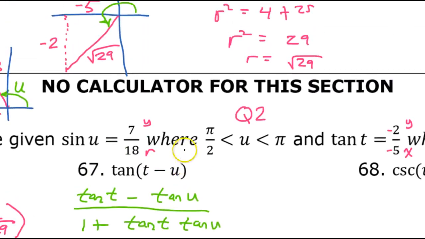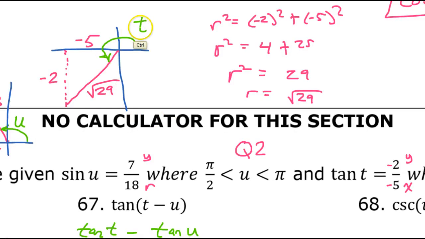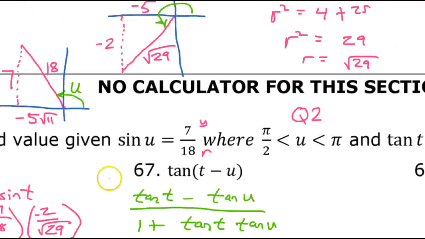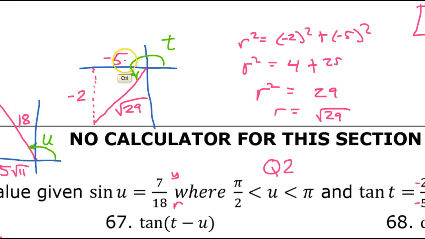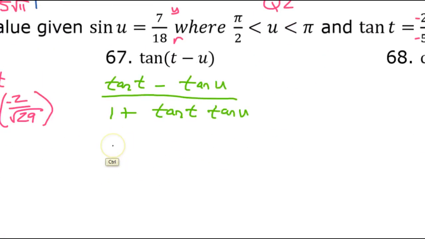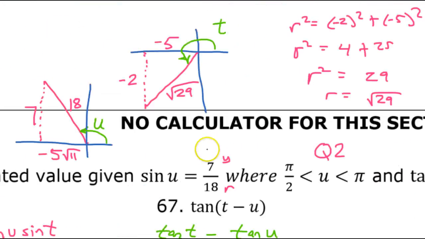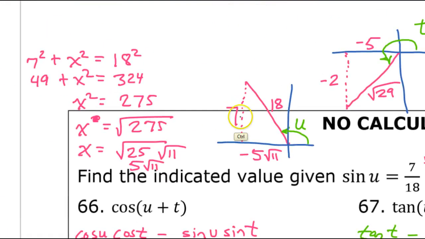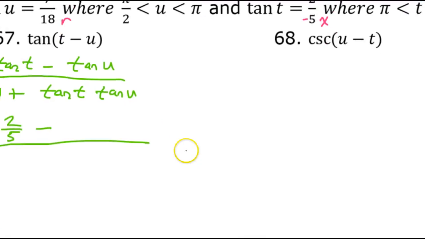Okay, so tangent of t, that's going to be negative 2 over negative 5, which will immediately just become 2 over 5. Okay, minus, and then tangent of u is 7 over negative 5 radical 11, y over x.